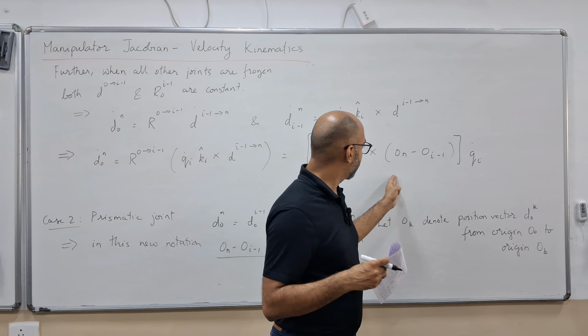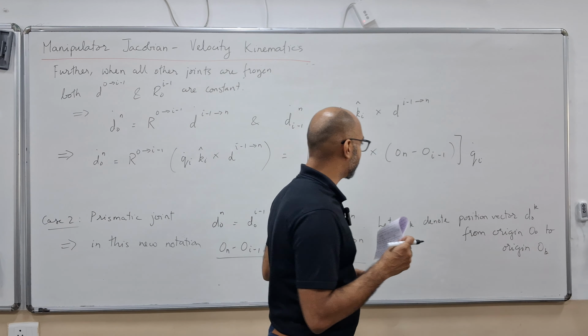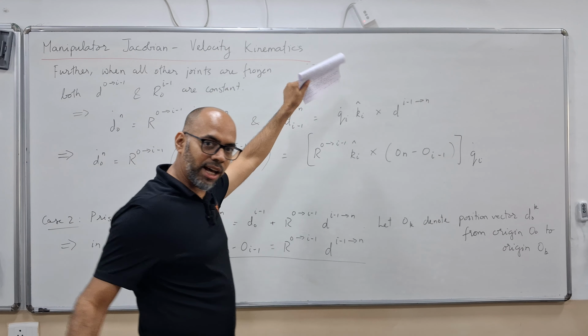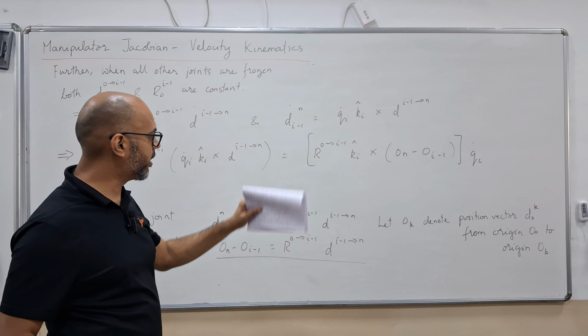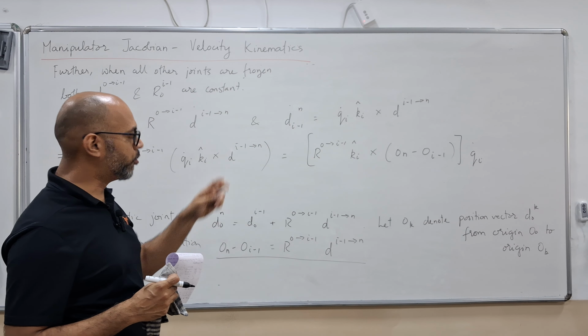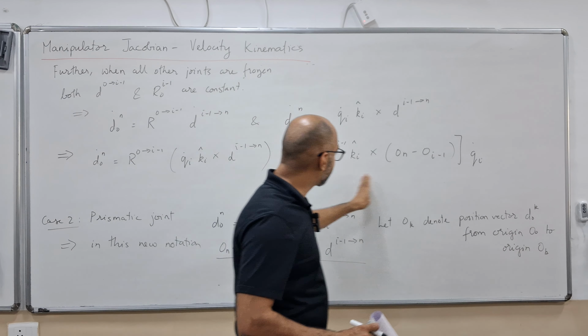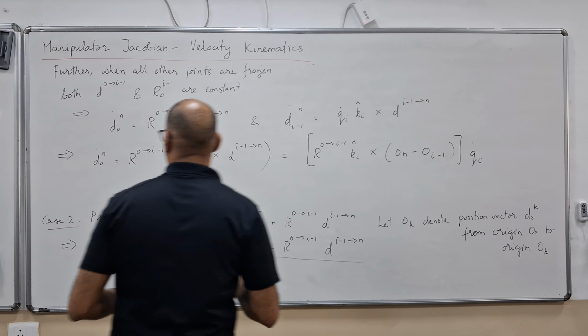And this becomes then my column in the Jacobian, because this is multiplying the qi dot. Remember, all other q dots are 0 except the ith joint, because everything else is frozen. So this is the only thing happening, and this forms the ith column.